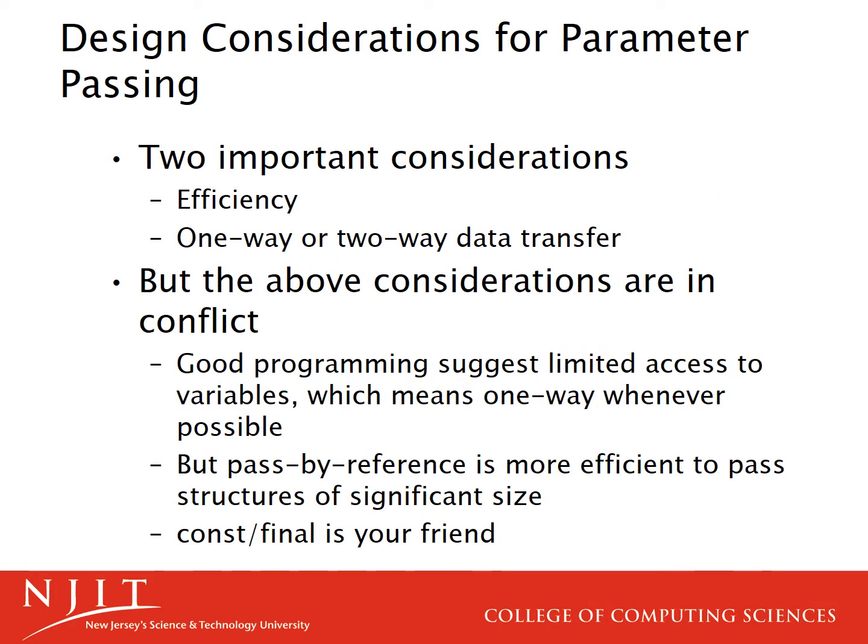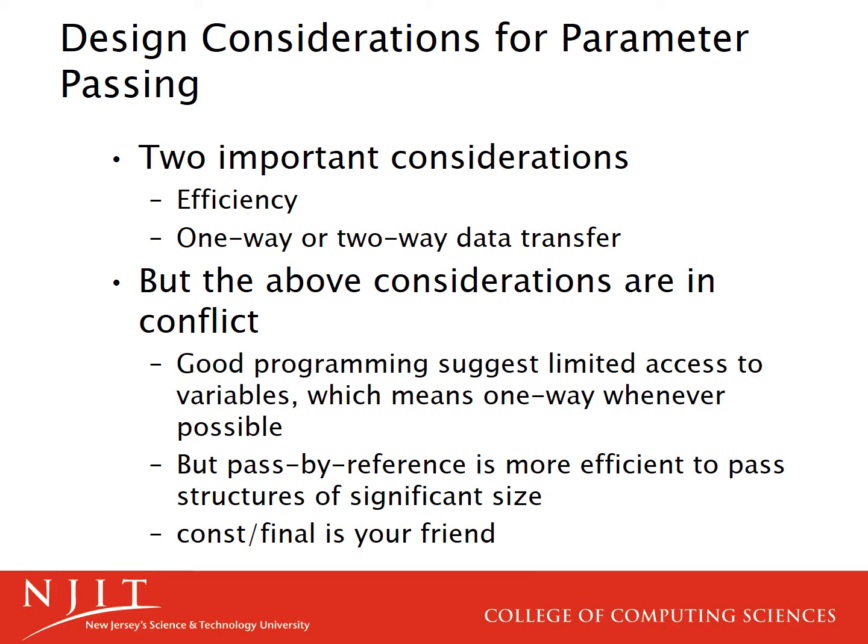Okay. So here's the thing: when you pass parameters into functions, there's a bunch of considerations, and some of these are really aesthetic considerations. What's the best and most efficient way to deal with functions, with code that's encapsulated?